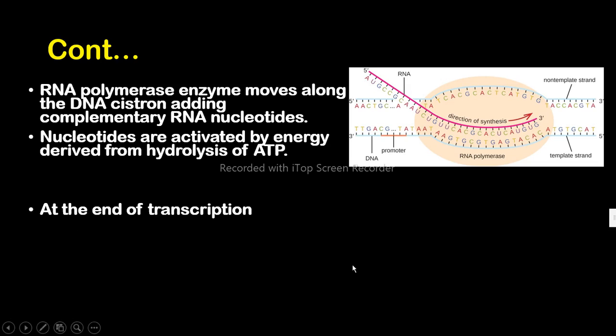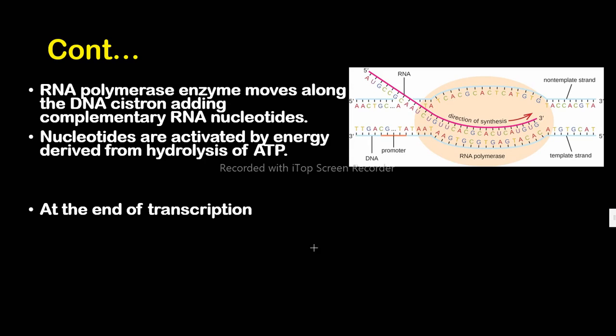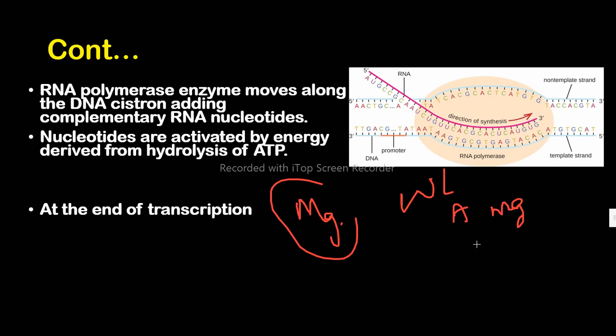So you may find an objective question which wants the role of magnesium ions, like, which of the following plays an important role in DNA replication or in protein synthesis, stuff like that. And they say A, magnesium ions, B, sodium ions, C, calcium ions, D, chloride ions. So the answer here is magnesium ions.